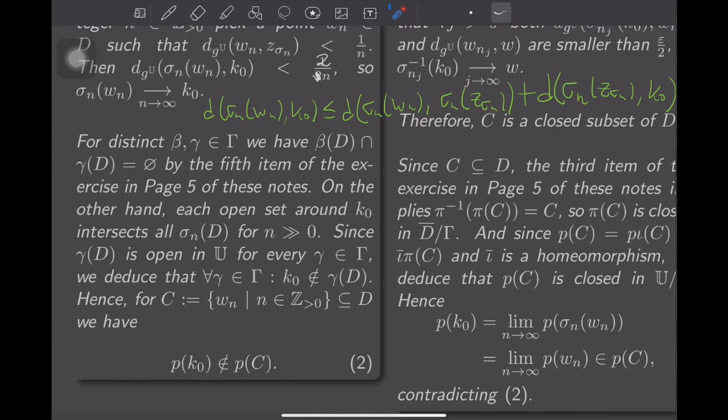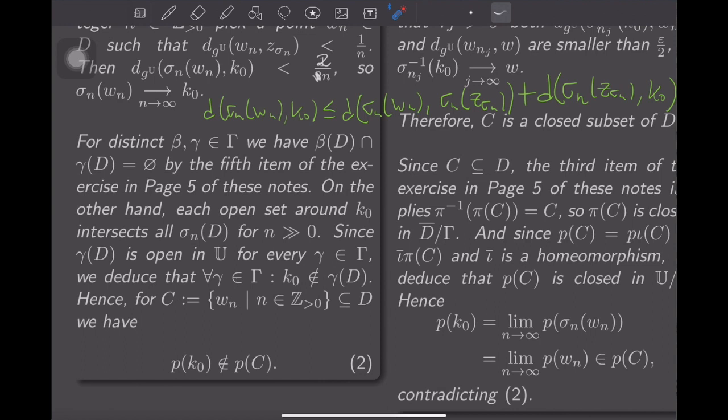So it may be that some orbits do not have representatives in D. It's perfectly reasonable to expect that there will be points not covered by the images of D under arbitrary gammas. So this is really not a contradiction to D being a fundamental domain.